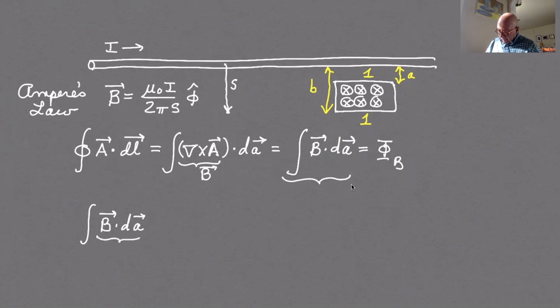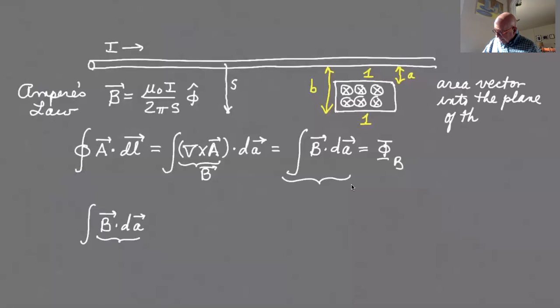We're going to make the area vector into the plane of the board, which means that B dot A is just going to pick up a cosine of 0 degrees, and cosine of 0 is 1. So then that's just going to be B dA.